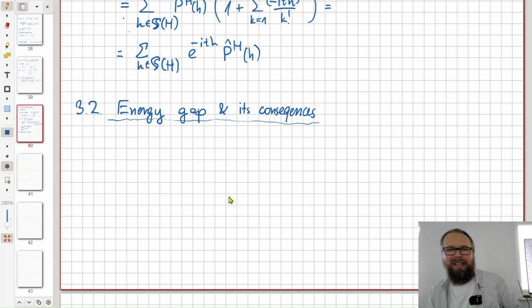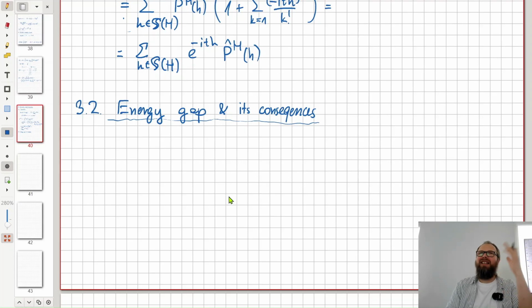Okay, so let's start by saying our Hamiltonian H. We can diagonalize it, or at least in our minds. So we can form an orthonormal basis out of its eigenvectors, right? We learned that this is something we can do, and it's typically very prudent to do.